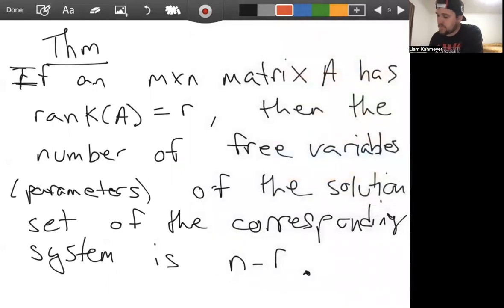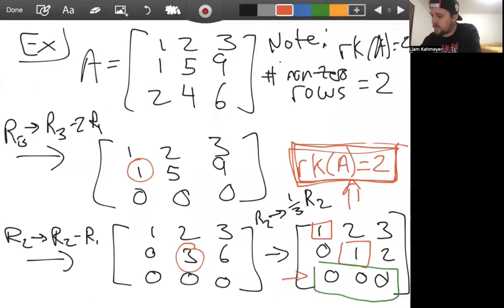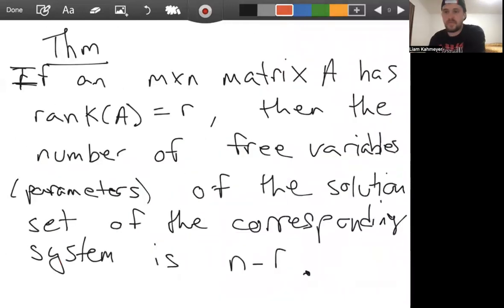And then the rank was 2, right? And so we would only have 1 free variable, if that makes sense. Basically, what this n minus r is saying is, if the rank gives you the number of non-zero rows, then n minus r gives you the number of 0 rows, right? So that's basically what this theorem is stating.